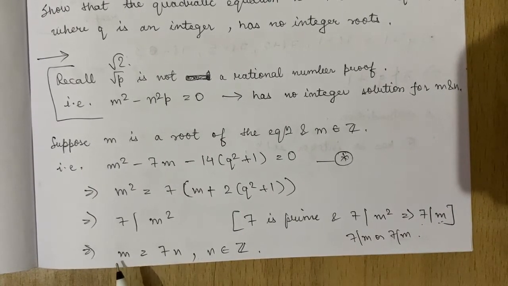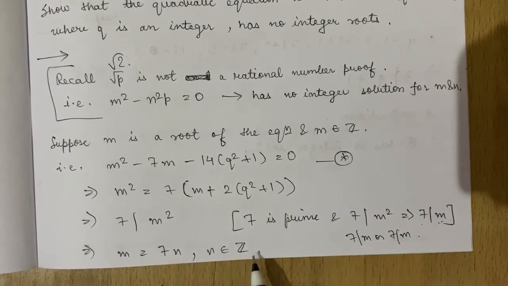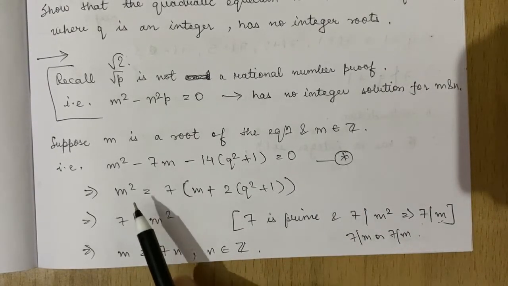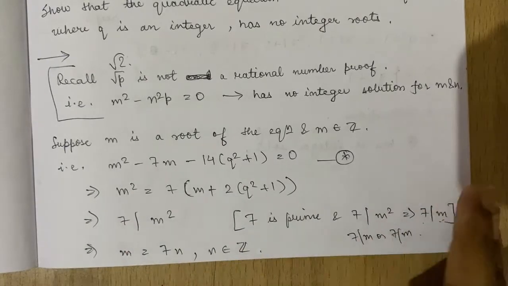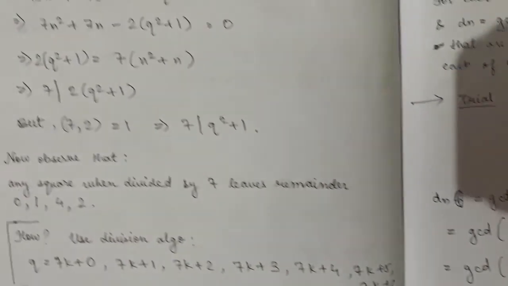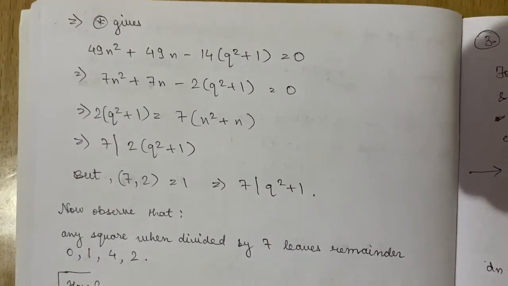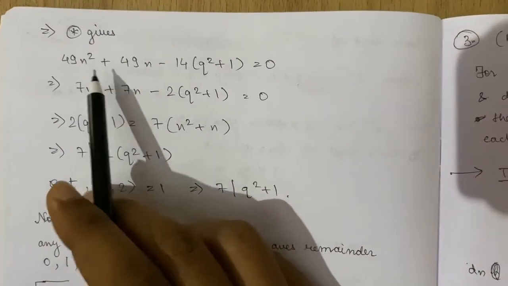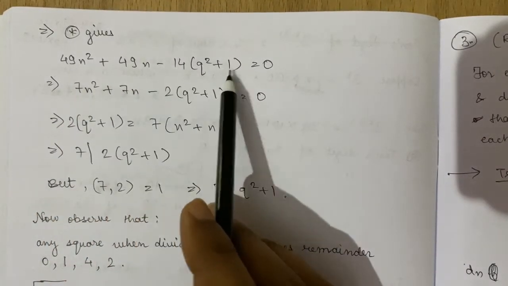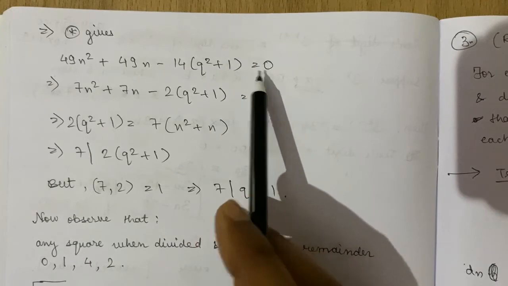So 7 divides m means m equal to 7n, where n is an integer. We substitute the value of m in star. We put m equal to 7n in star, and we get 49n square minus 49n minus 14 times q square plus 1 equal to 0.